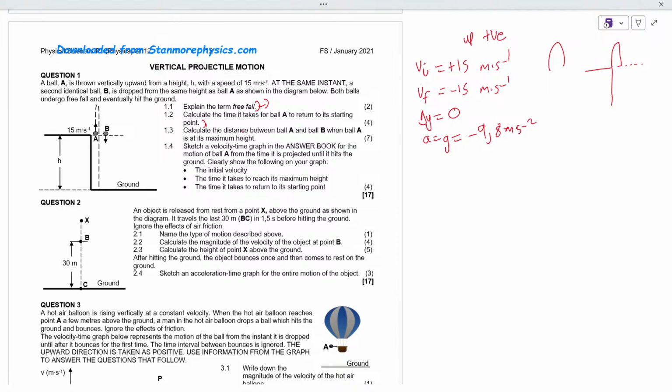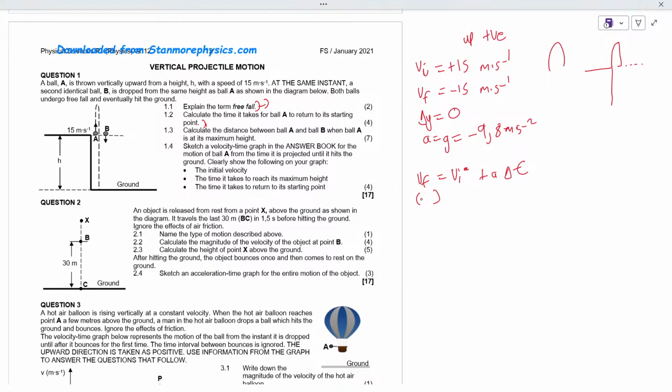So they're asking to calculate the time it takes for the ball to return to its starting point. So which formula has time? The one which is maybe simple and straightforward? The equation which says V final is equal to V initial plus A delta T. Yes. So now let's substitute here.